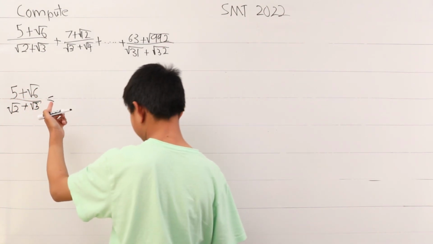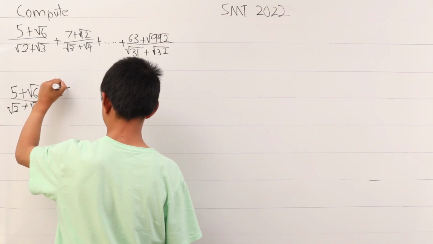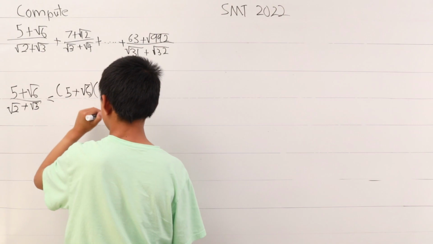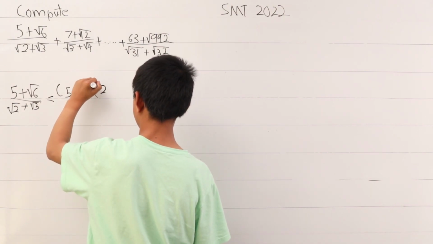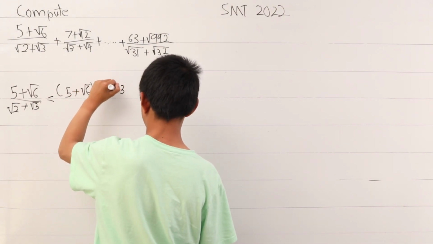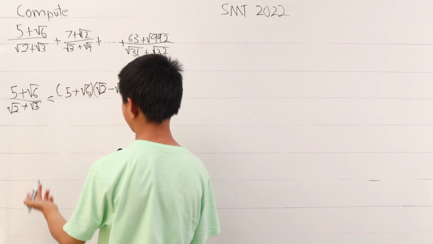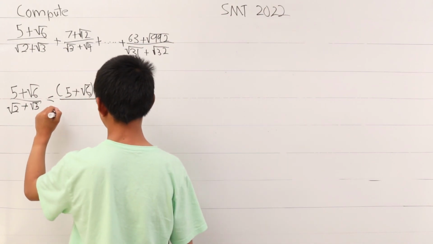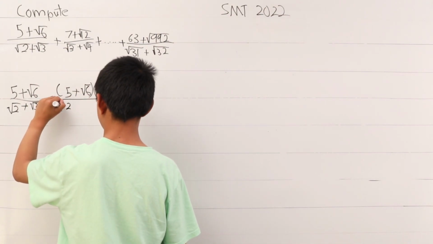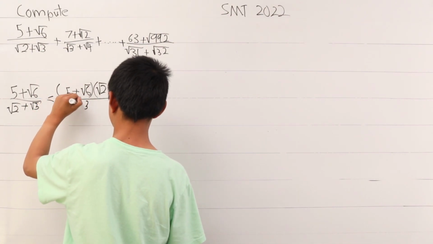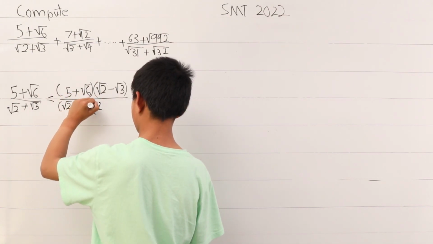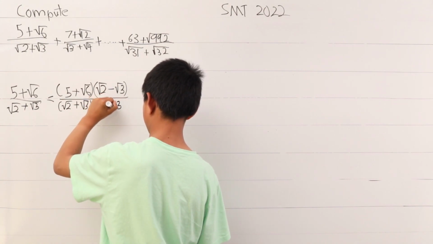This is equal to (5 plus the square root of 6) times (the square root of 2 minus the square root of 3), because you want an a minus b here, divided by (the square root of 2 plus the square root of 3) times (the square root of 2 minus the square root of 3).